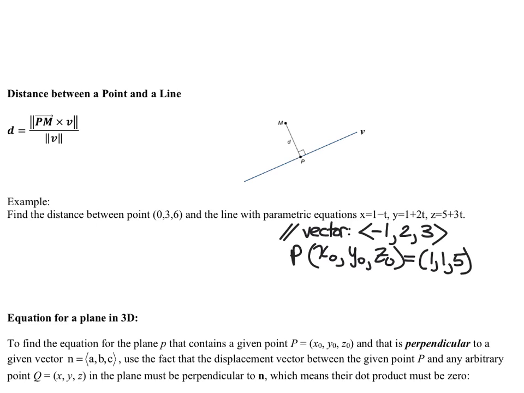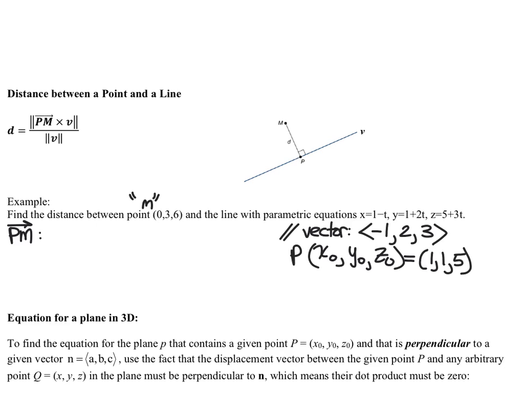This point here is 0, 3, 6. That's the point M based off of this diagram. That's the point in space. So I need the displacement vector P to M, which once you have everything labeled isn't bad.